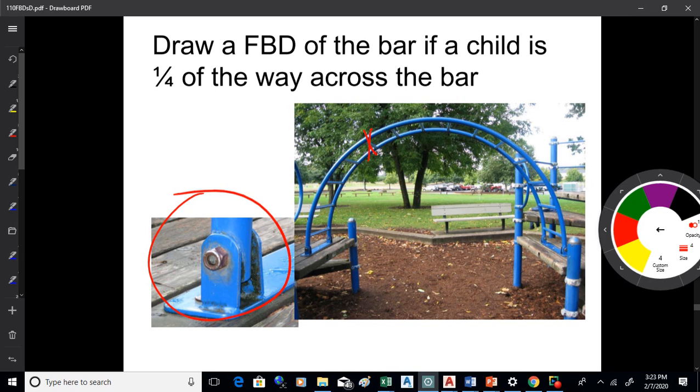This is a blow up of that connection and that connection. What is that? Okay. And once you know what it is, model it at those locations. Don't overthink it. If you can identify that connection type, there's a force pattern that we associate with that. Just put it right on the connections. Put a force for the child there as they're working their way across the monkey bar. Then you're good. Okay.